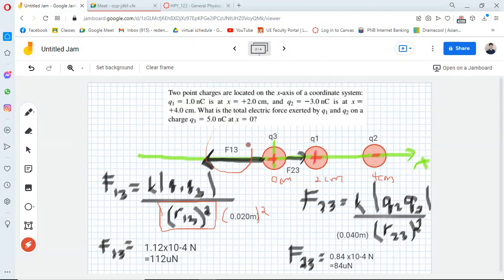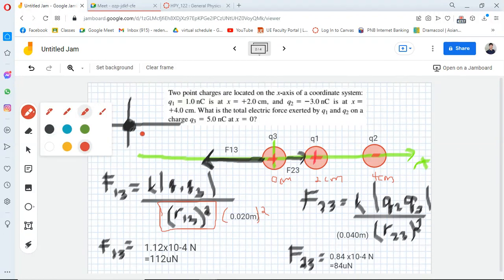Notice F13. F13 is oriented to the left. Therefore, the sign you need to use is negative 1. Right? It should be negative. F23 is positive because our frame of reference is Q3. So if we sketch it in a different Cartesian plane, here is your Q3, the concerned charge. It experiences attraction because of Q2 and repulsion because of Q1. Right? That is the setup.